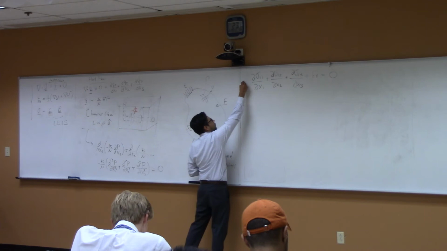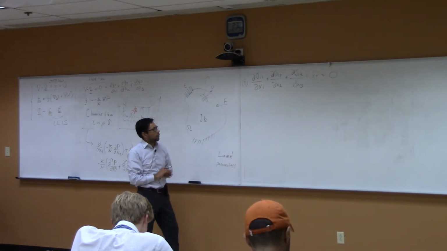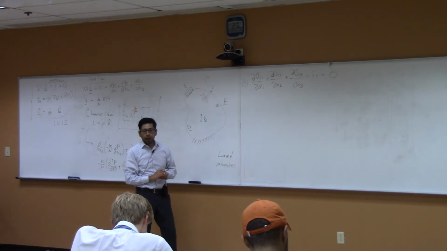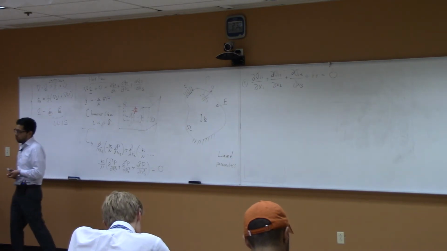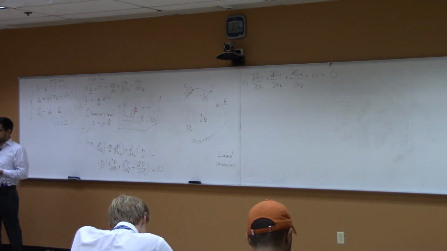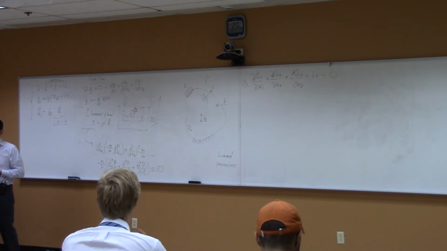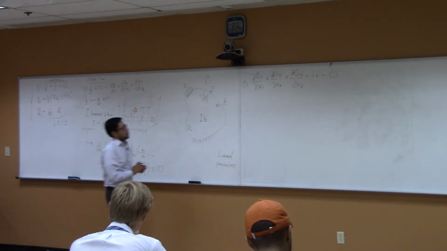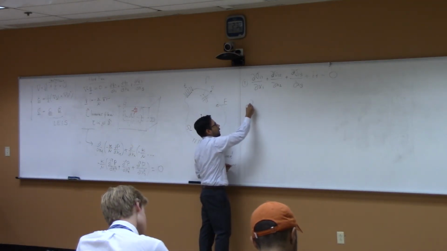So let's call this one number 1. Okay? But now, I like that you tell me what is sigma 1,1, sigma 1,2, and sigma 1,3 as a function of the Lamé parameters that we just calculated. So I'm going to replace sigma 1,1 now.